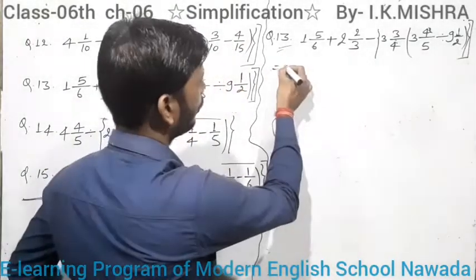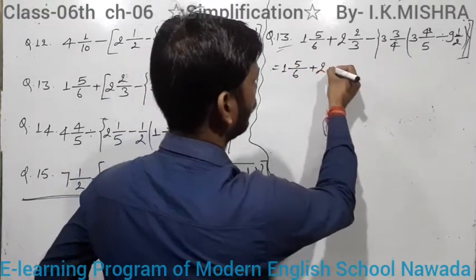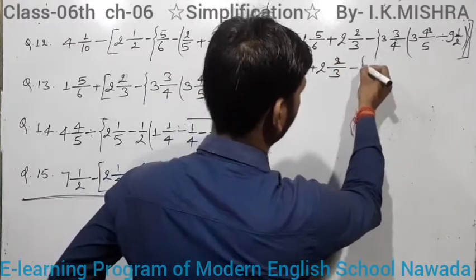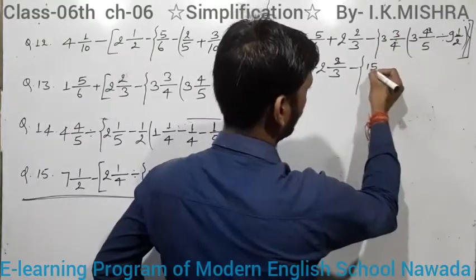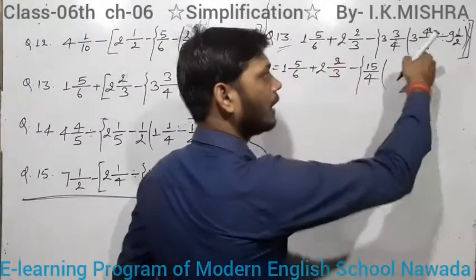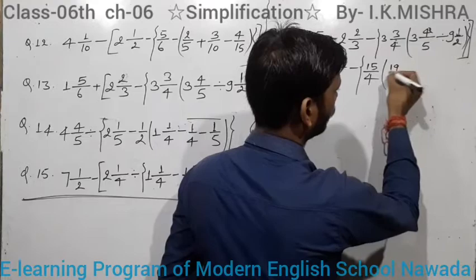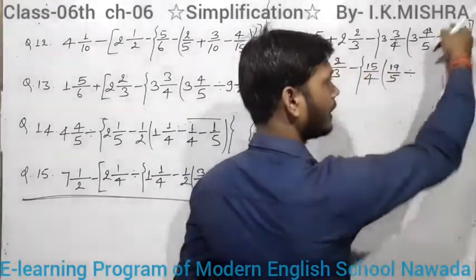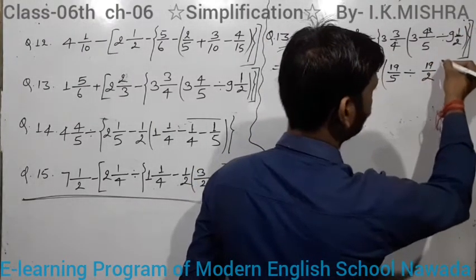Here it is equal to 1 whole 5 by 6 plus 2 whole 3 by 2 by 3 minus, students, here you can change 3 whole 3 by 4 into 15 by 4, and 3 whole 4 by 5 into 19 by 5, divided by 19 by 2.